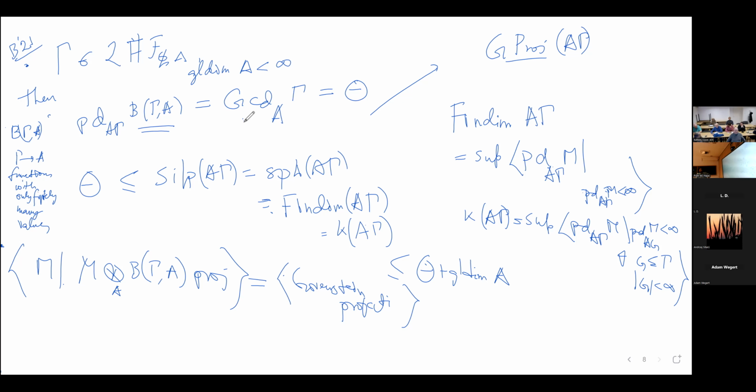Anyway, one can do many of these things for connective E1 rings that are regular. So regularity replaces the global dimension finiteness condition there. E means that you're extending these commutative rings. Yeah, exactly.